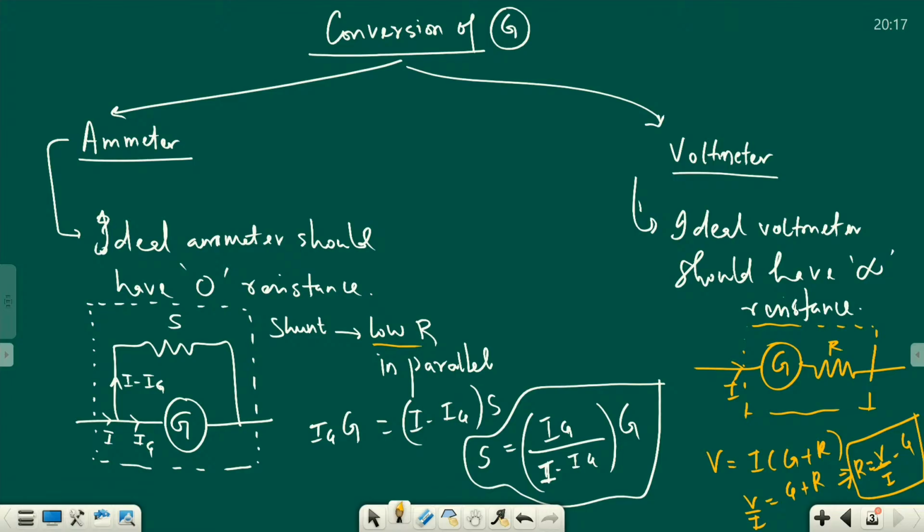What must be the shunt to make it measure current up to 5 ampere?